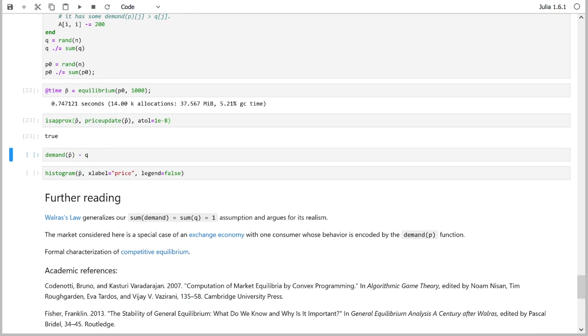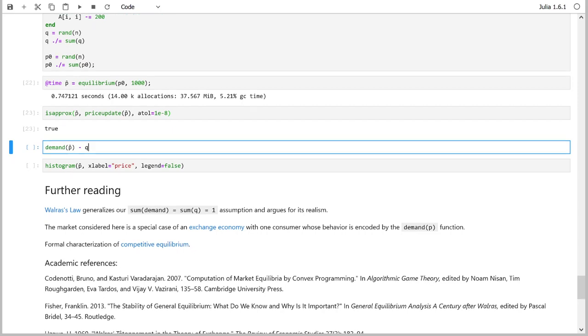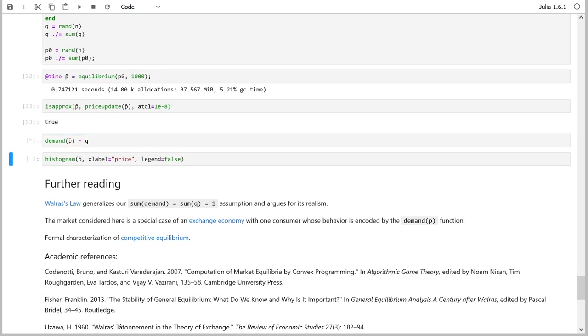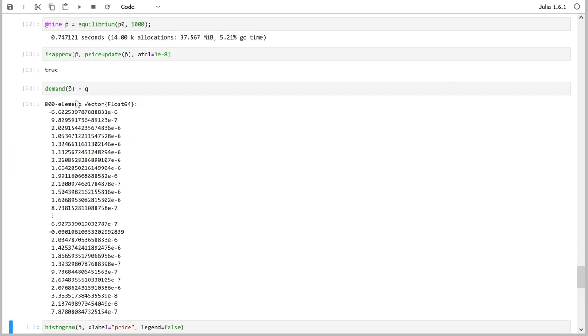However, we should also double check to make sure that this p bar is in fact an equilibrium. We can take a look at our excess demand at this p bar. And so if I go ahead and calculate the demand of p bar minus the supply, I will see that in almost all cases, it's quite close to 0, with the exception of a few instances where it is negative.